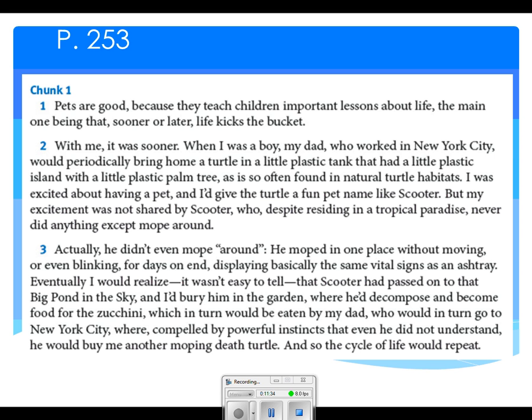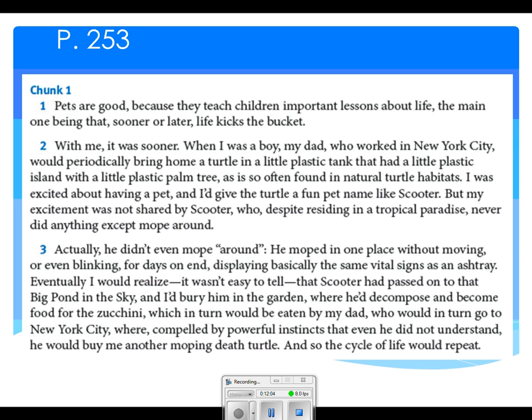I was excited about having a pet, and I'd give the turtle a foreign pet name like Scooter. But my excitement was not shared by Scooter, who, despite residing in a tropical paradise, never did anything except mope around. Actually, he didn't even mope around. He moped in one place without moving or even blinking for days on end, displaying basically the same vital signs as an ashtray.